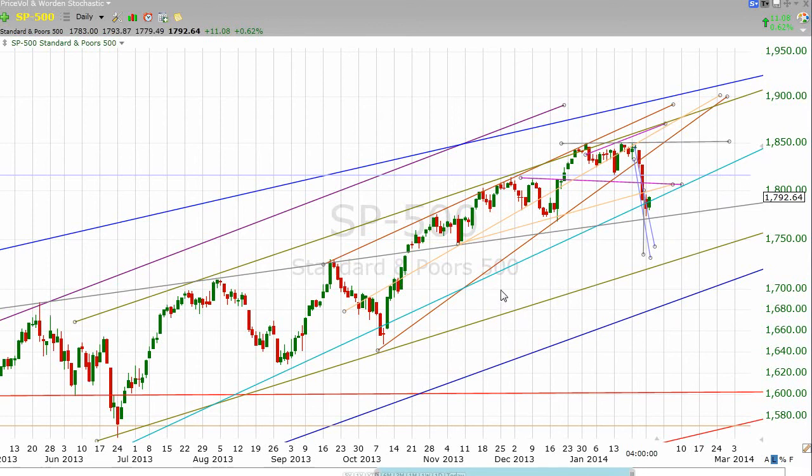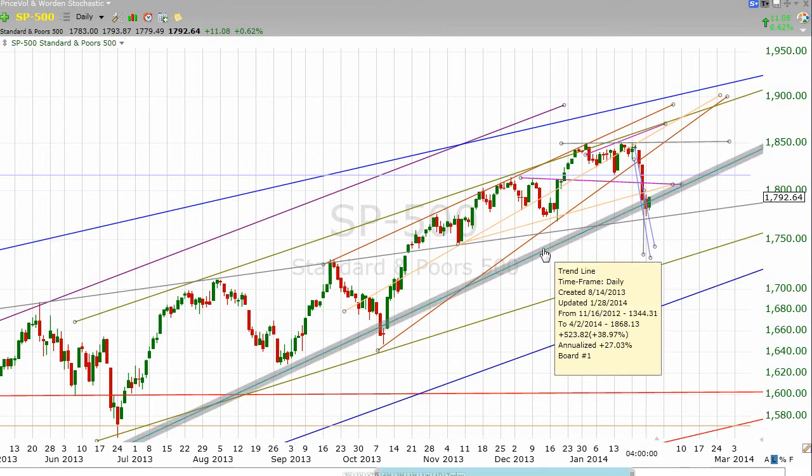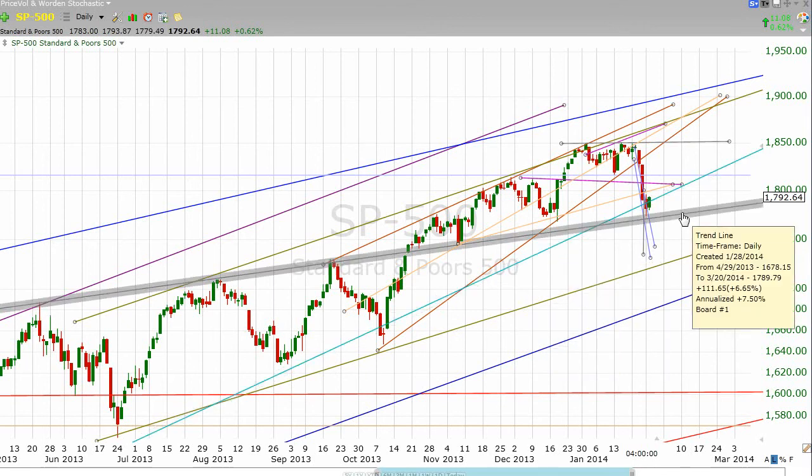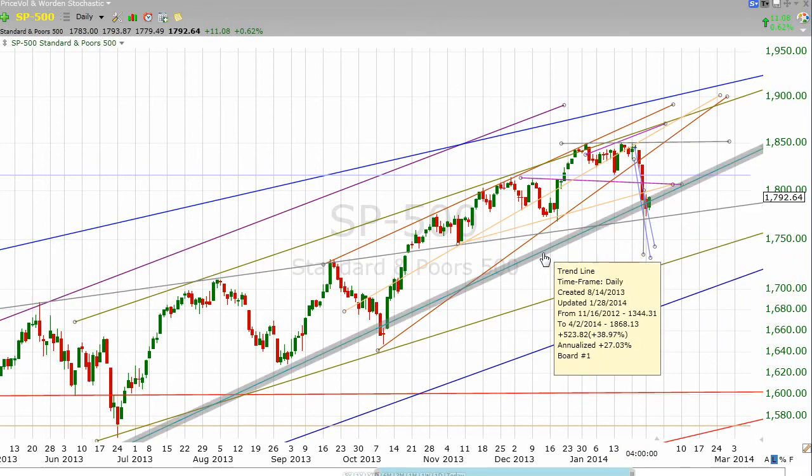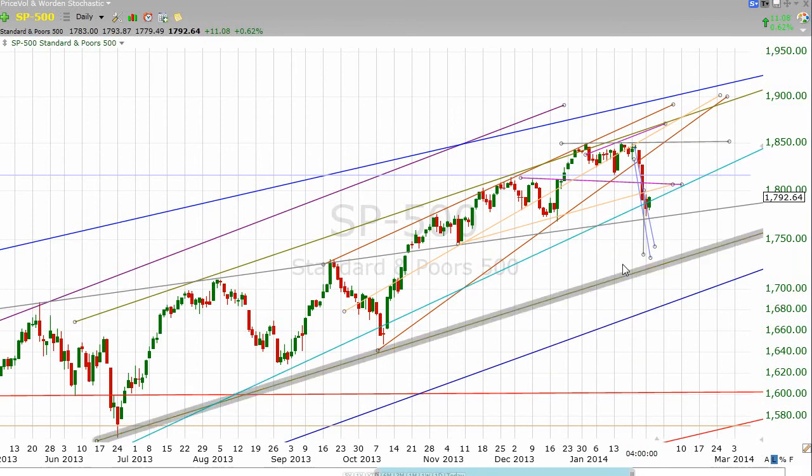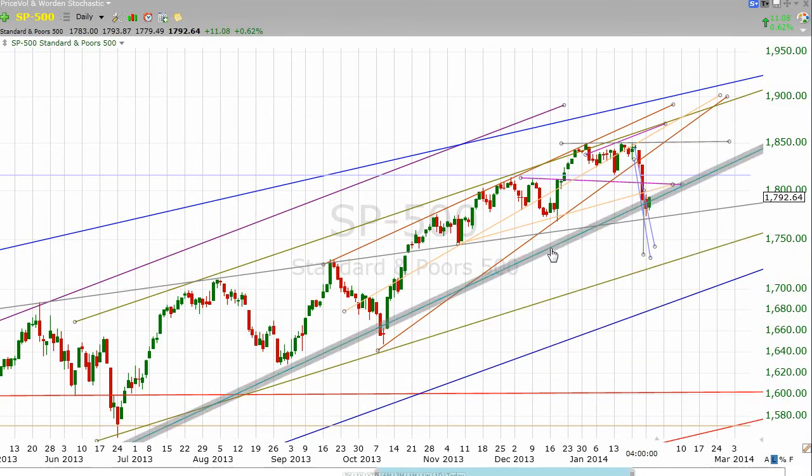Let's say even 1700. Is that in the cards? Well, we've got something that we can kind of use as a gauge, and it's really pretty simple, and that is our trend lines. We've got this gray line, and we've got our teal colored line. We're currently hovering around this fuzzy teal line.